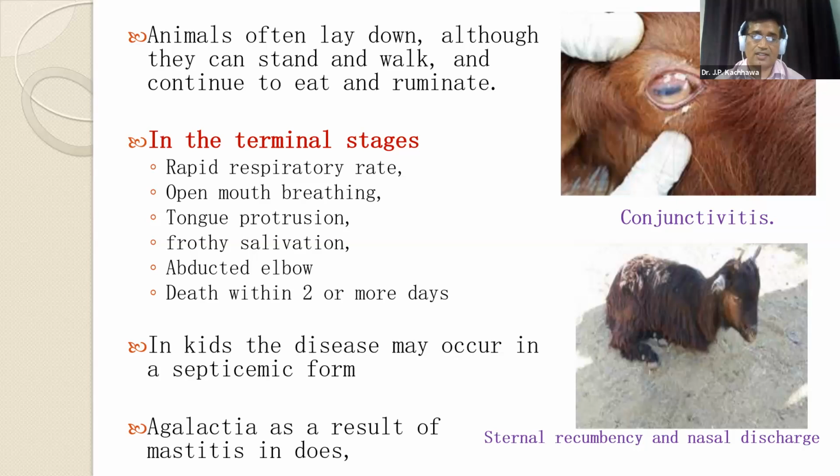The disease in kids comes in a severe form, the septicemic form, and the kids may suffer very badly. We all know that Mycoplasma also causes mastitis in lactating goats, causing agalactia, that is, complete loss of milk from the lactating animal.